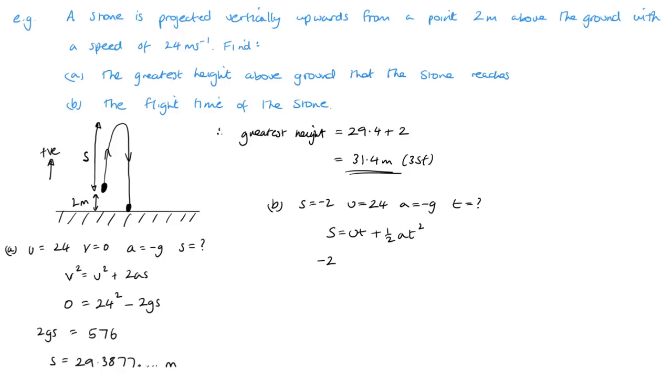So S is -2. And then we've got 24T minus a half GT squared. Okay, so a half G is 4.9. So take that to the other side. So we've got 4.9T squared minus 24T minus 2 equals 0.